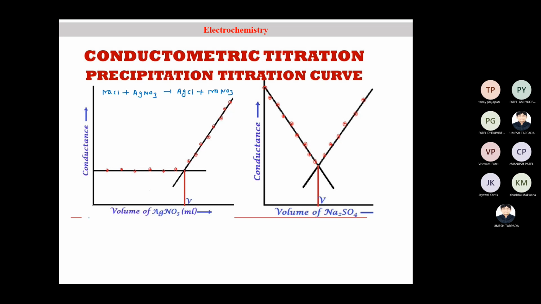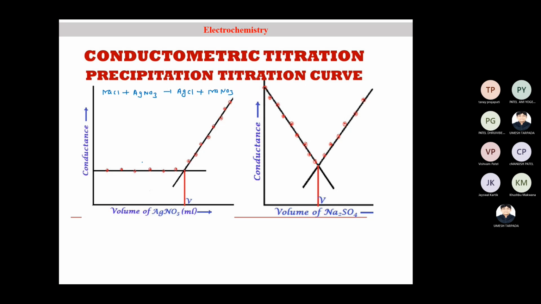So this is due to precipitation. Ag plus and Cl minus ions get separated, and due to precipitation, this is the plot. If you add more and more AgNO3, more and more AgCl is formed, and Cl minus ions get removed.